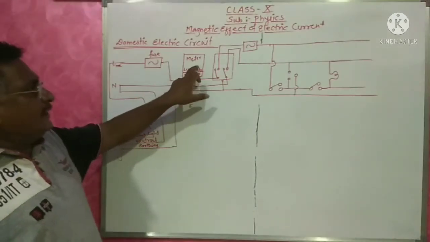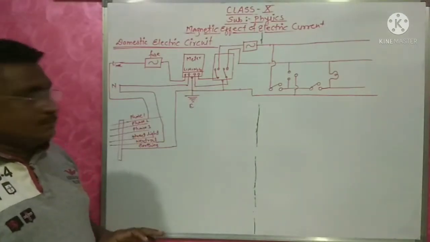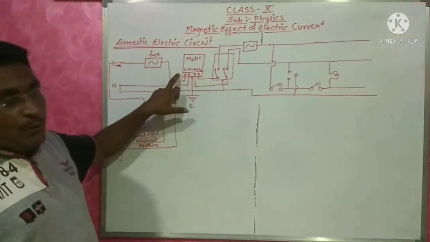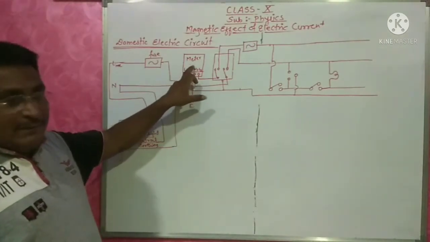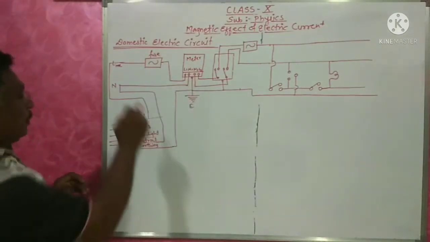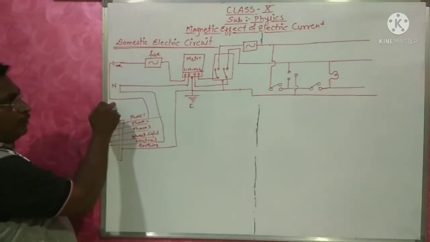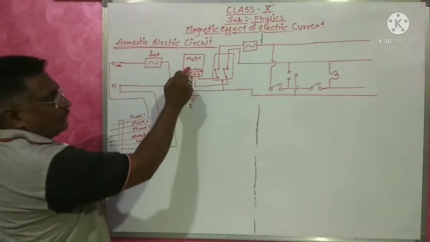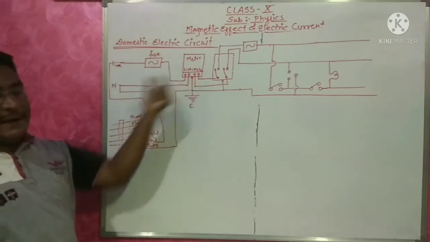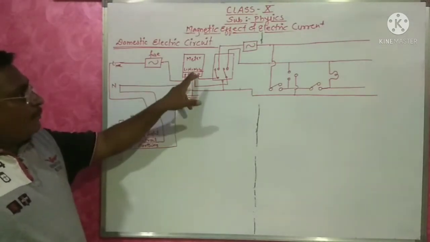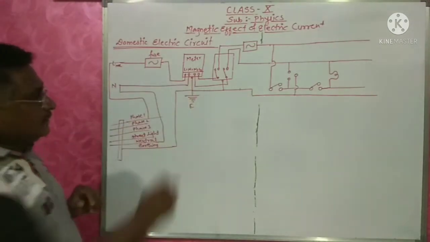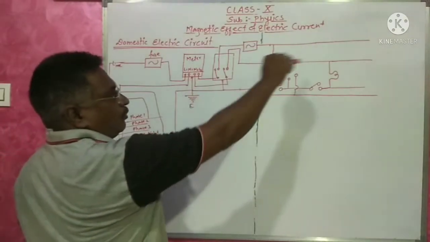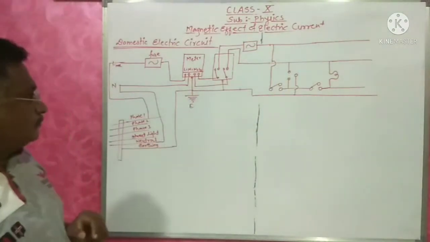L1, N1, N2, L2. L1 means live wire, N1 means neutral wire. So whatever is coming from the pole, those 2 wires go into L1 and N1. And from L2 and N2, those 2 wires go into our home.